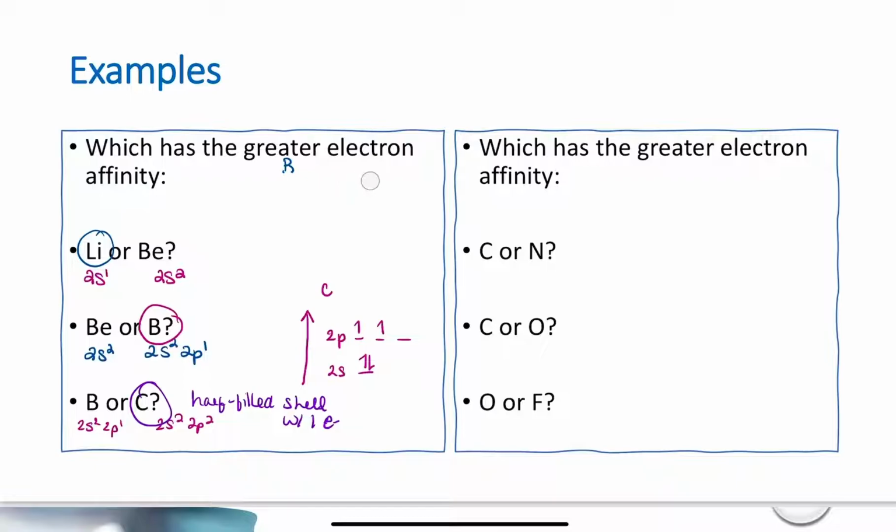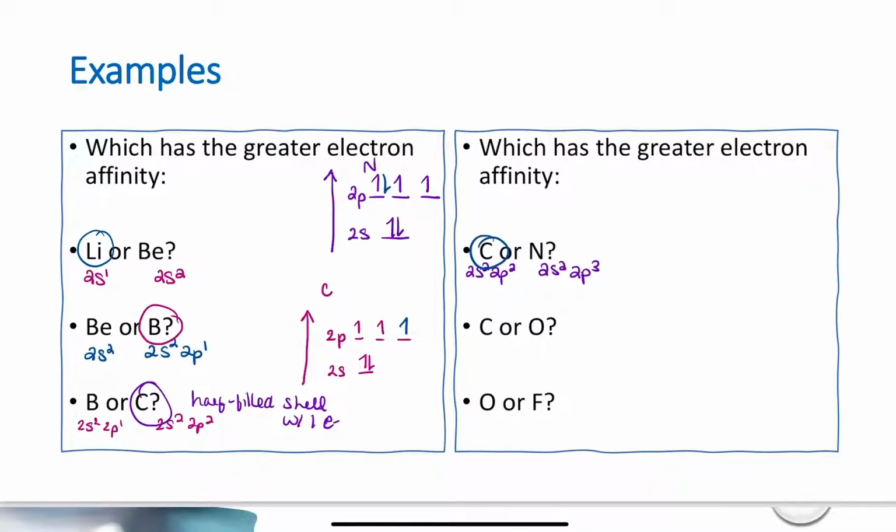What about carbon and nitrogen? Carbon, 2s2, 2p2. Nitrogen is 2s2, 2p3. So now, do I put one electron here, or do I put an electron here?